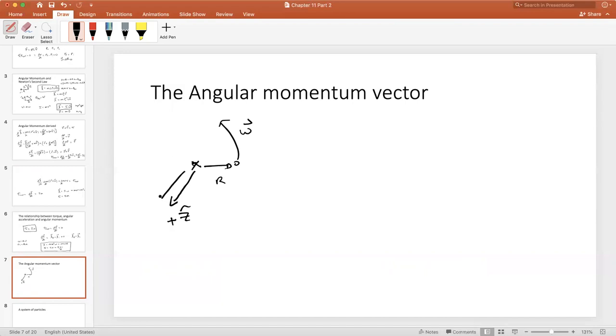So the actual omega vector is along z hat, and the L vector is also along positive z hat, because L is the moment of inertia times the angular velocity vector. However, if we were on the other side, we would see that this electron is rotating with negative angular velocity, and therefore this vector coming out of the page is the negative z hat.